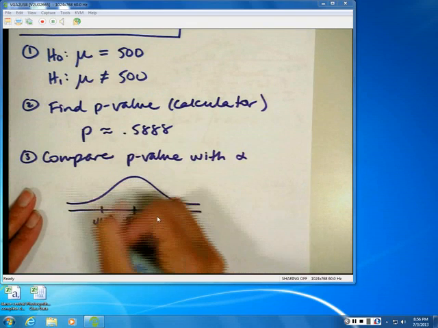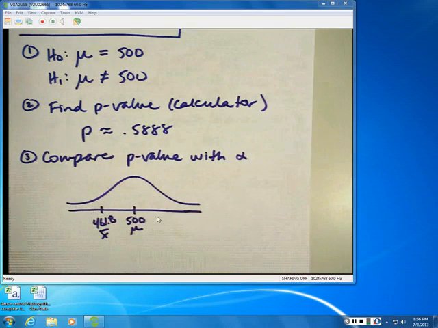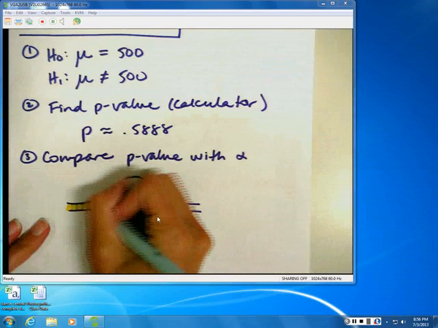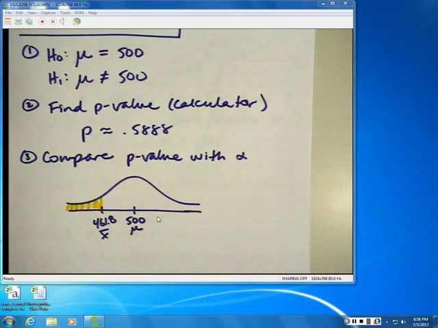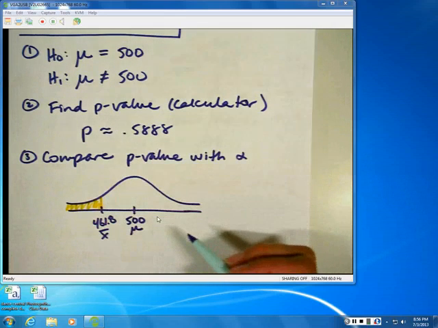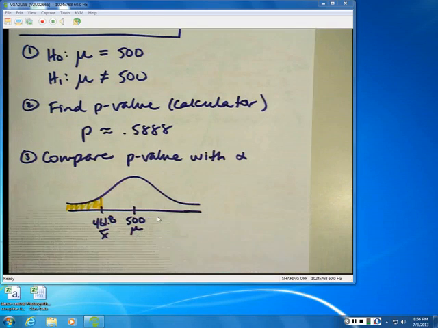461.8. That's x bar. My p-value is the area cut off by my sample mean. So my yellow area is my p-value, and that's 0.5888. So that's a large p-value.